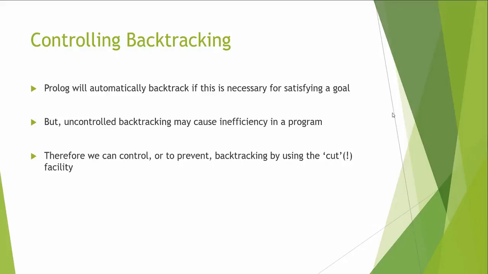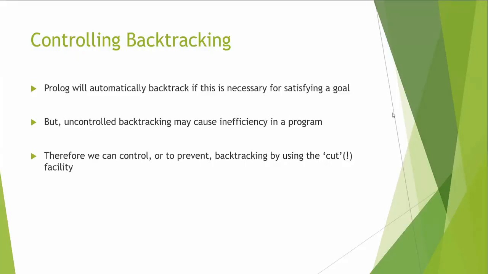So far, in the programs that we have seen, I hope you get the idea that even if Prolog satisfies the goal with one answer, it then also tries to find the other alternative solutions, right?